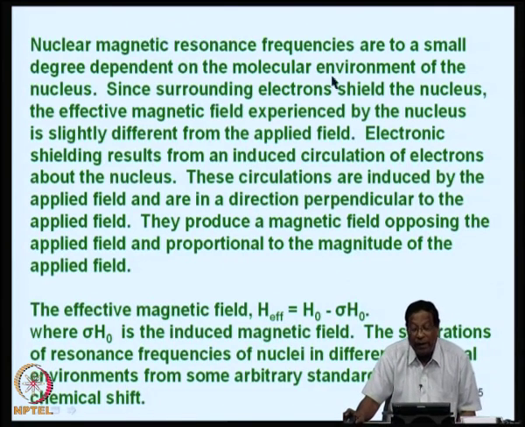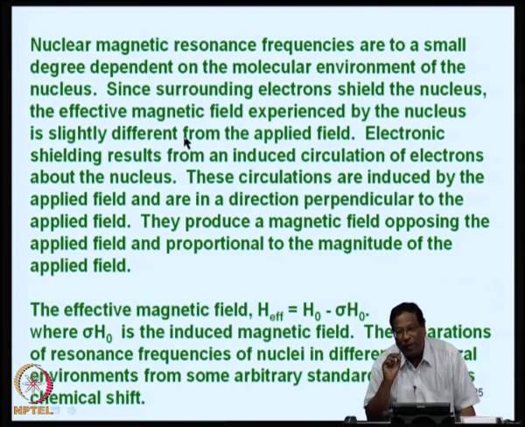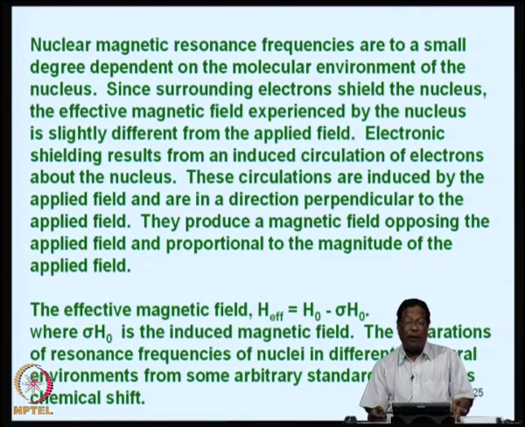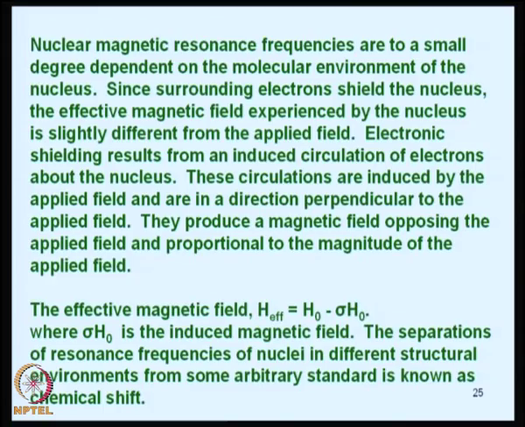Since the surrounding electrons shield the nucleus, the effective magnetic field experienced by the nucleus is slightly different from the applied field. Therefore, electronic shielding results in induced circulation of the electrons about the nucleus. These circulations are induced by the applied field and are in a direction perpendicular to the applied field.